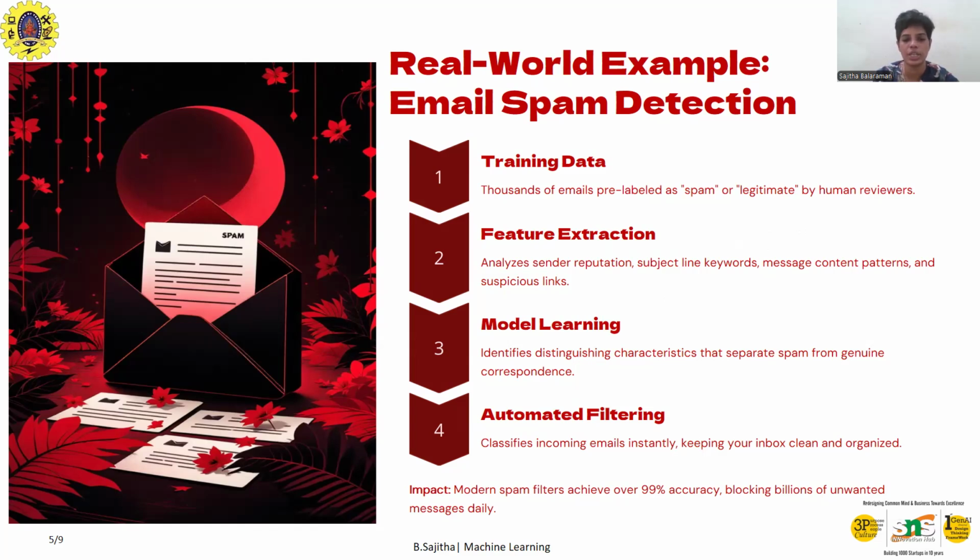In feature extraction, it analyzes sender reputation, subject line keywords, message content patterns, and suspicious links. Then in model learning, it identifies distinguishing characteristics to separate spam from genuine messages. In automated filtering, it classifies all incoming emails instantly, keeping your inbox clean and organized.